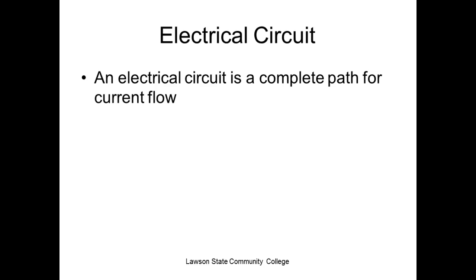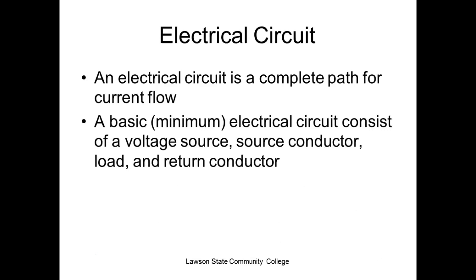An electrical circuit is defined as a complete path for current. A basic circuit consists of conductors. It's just like your body. Your body is a lot like an electrical circuit. So we've got a heart.